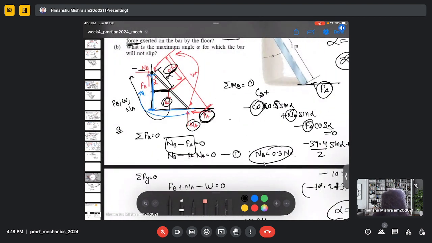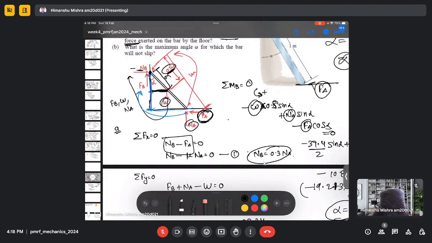Yeah, in that case, this FB will be 0, but there will be a normal reaction from the wall. So NB will not be 0, but FB will be 0.